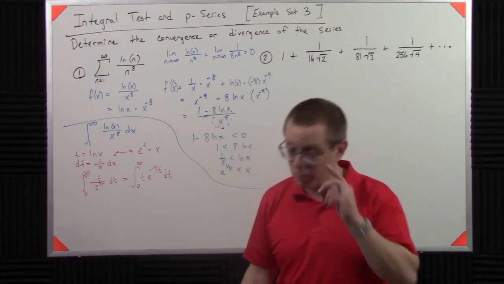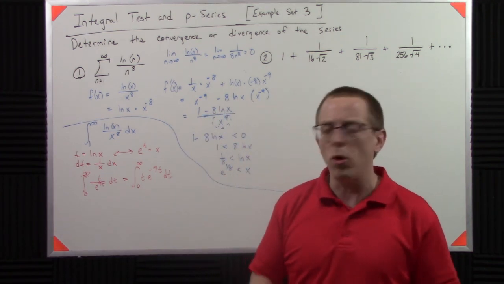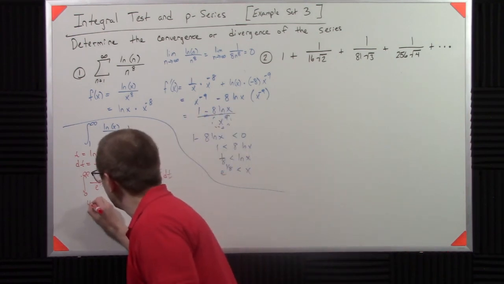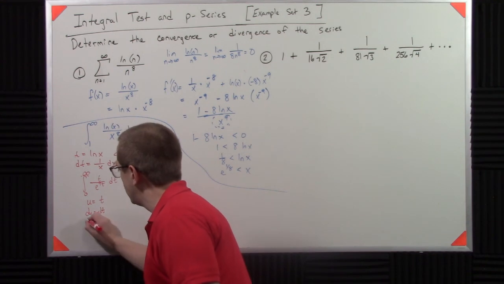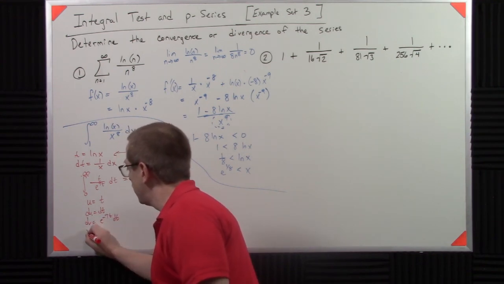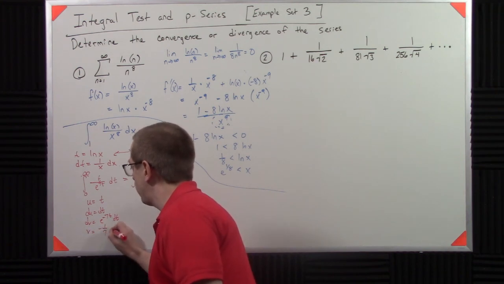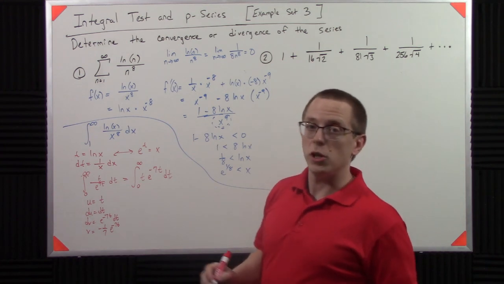Okay, fine, great. So when I've got that, now I can apply my integration by parts formula. I can say u is t, du is dt, dv is e to the negative 7t dt, so v is negative 1/7 e to the negative 7t. And then I can apply the integration by parts formula.